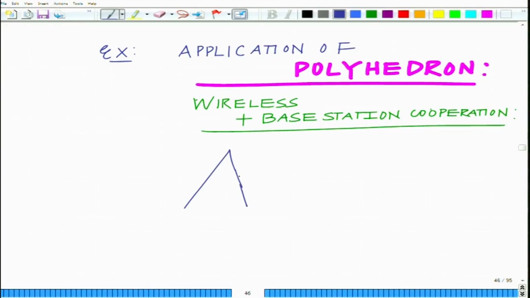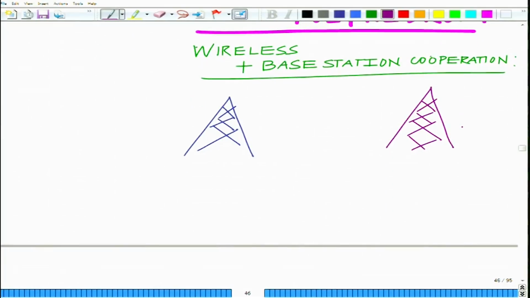Typically in a wireless cellular network, conventionally a single base station transmits to a single mobile, but in some scenarios you can have several base stations cooperating to transmit to a single user or a group of users. And this is especially possible if the users are at the edge of the cell or in the region between multiple cells, where they can be simultaneously served by several base stations.